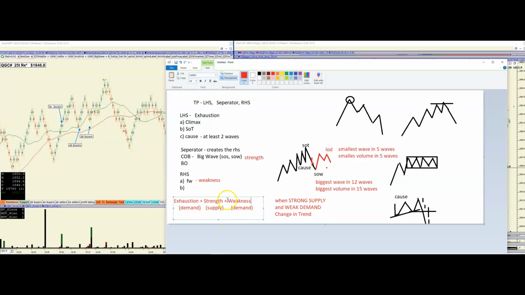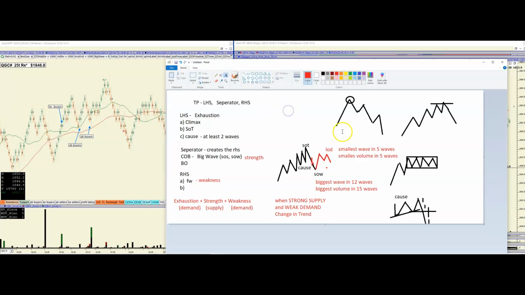So all I've done is add the exhaustion piece in the background. Exhaustion and then strength plus weakness will change trend. This is the conceptual formula of how a turning point occurs.